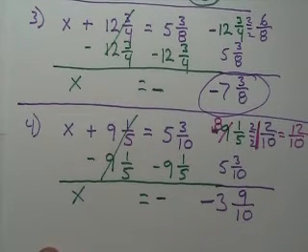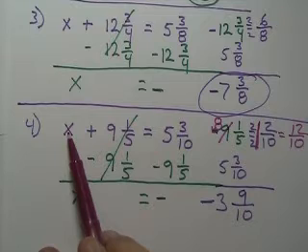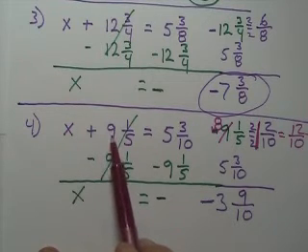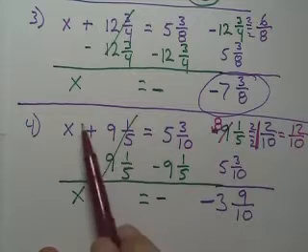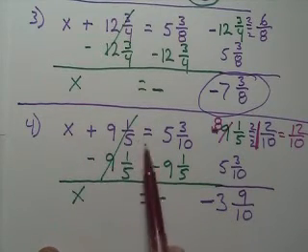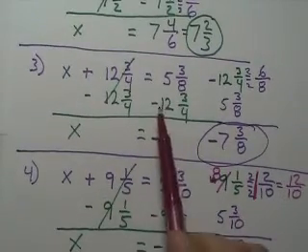Now let's just take a few seconds here and examine if the answer is negative 3, if x is negative 3, does that make sense? If I put a negative 3 here, negative 3 and 9, would that be about 5? 9 minus 3, that's 6. You know, take away some. Yeah, that would be about right. Okay, how about this one?